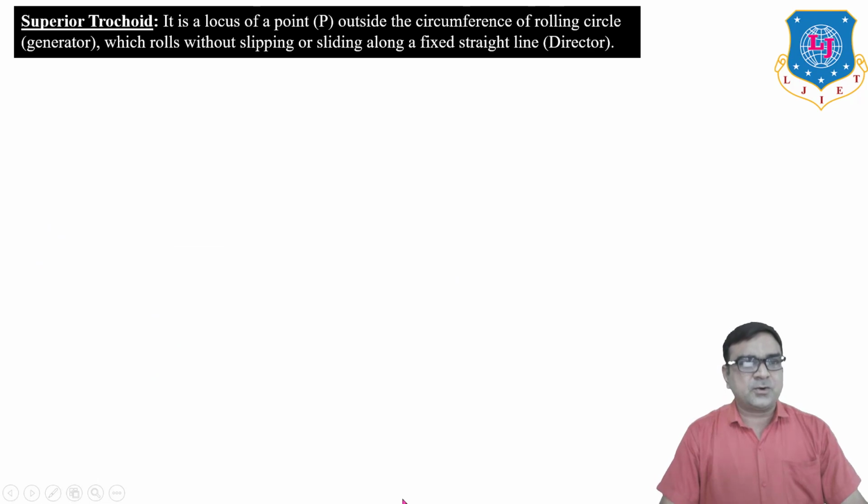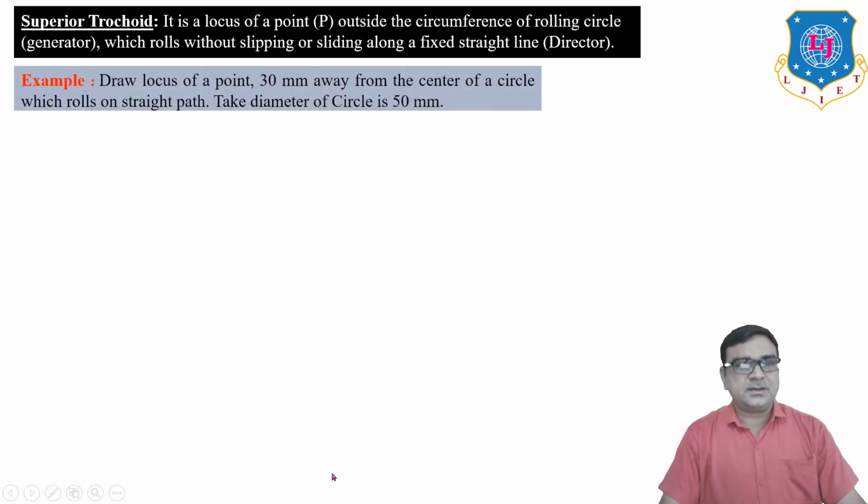Now the superior trochoid is the locus of a point P outside the circumference of the rolling circle, the generator, which rolls without slipping or sliding along a fixed straight line, the director. Take one example: draw the locus of a point which is 30 mm away from the center of a circle which rolls on a straight path.